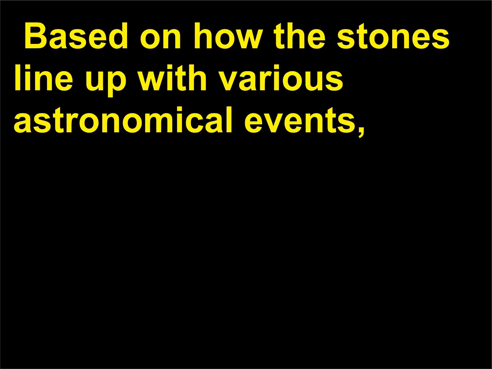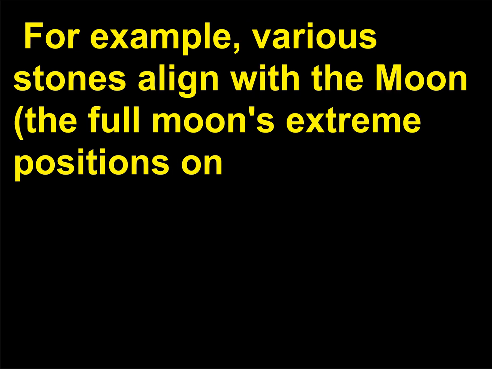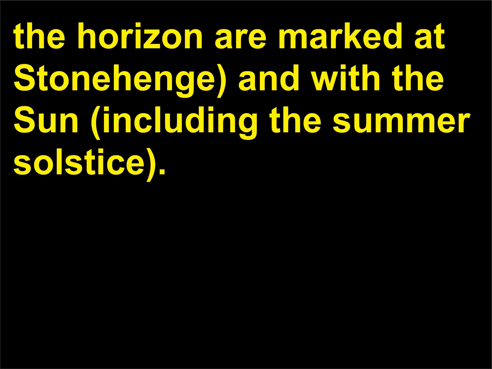Based on how the stones line up with various astronomical events, historians believe the entire structure represents a huge, literally monumental, calendar. For example, various stones align with the moon, the full moon's extreme positions on the horizon are marked at Stonehenge, and with the sun, including the summer solstice.